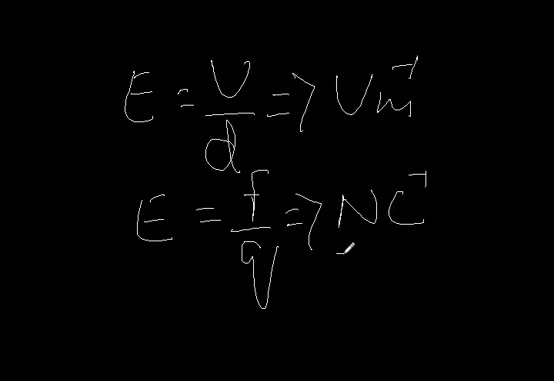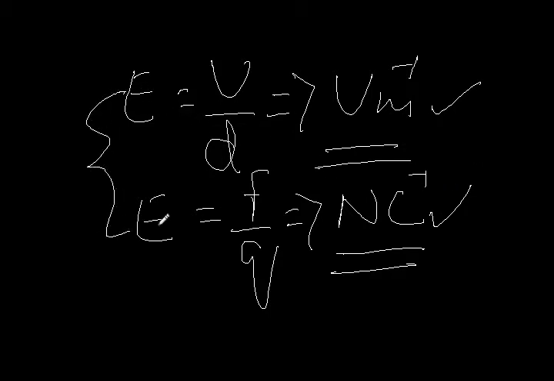So here we have a very important aspect of intensity. That just by getting the unit, you can know which formula for intensity I should use in a particular numerical. So this is one very important point that I would like to tell you.